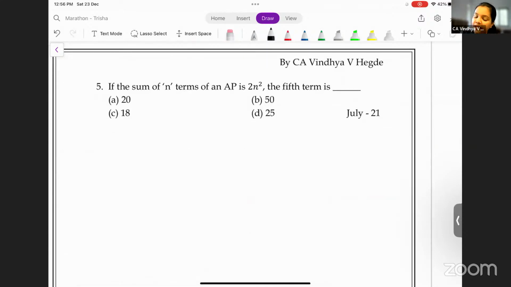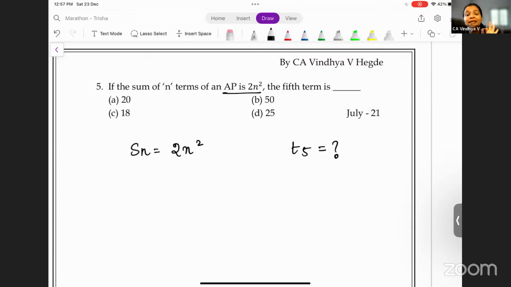Okay. If the sum of n terms of an AP is 2n square, that means Sn is given as 2n square. You have to find what is the value of T5. Okay, how will you solve this? This is one nice question. See, here Sn is given as 2n square, right?